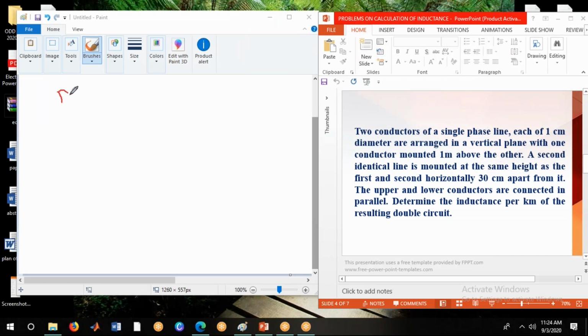So the given diameter for each conductor is 1 centimeter, that is 1 into 10 power minus 2 meter, and the radius is 0.5 into 10 power minus 2 meter. What is the r dash value?